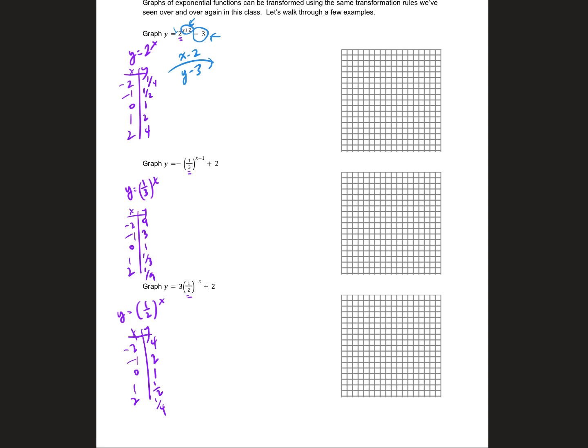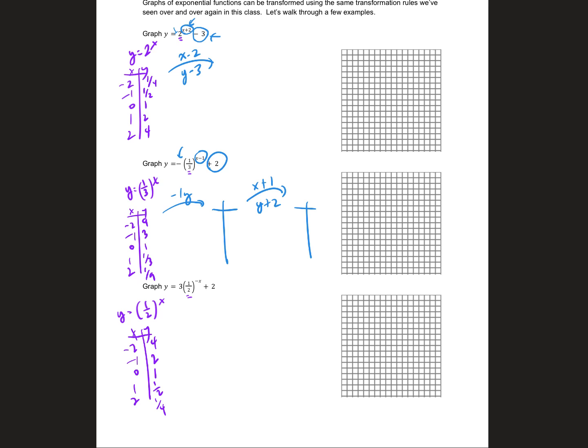Now, the second one, I'm multiplying by -1 out in front. So, first thing I would do, multiply the y's by -1 because that negative is not in the exponent with the x. And then after I do that, I'd add 1 to the x's and add 2 to the y's.